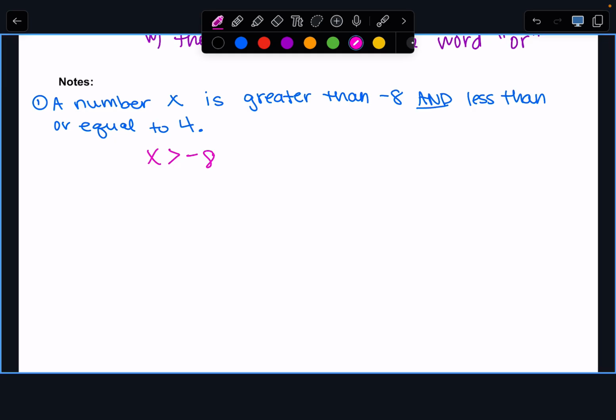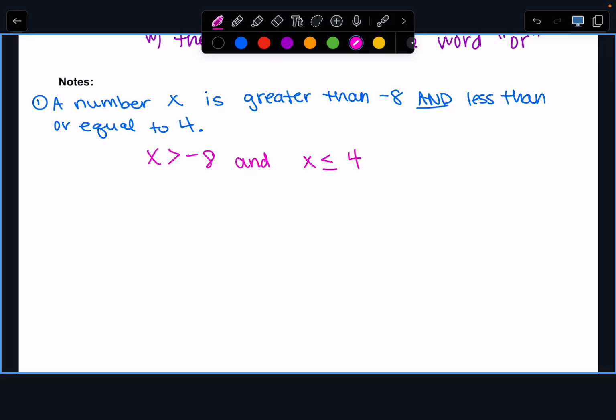Okay, so we have x is greater than -8. Then I want you to write the word and. And our number x is less than or equal to 4. So we're also going to write x is less than or equal to 4.